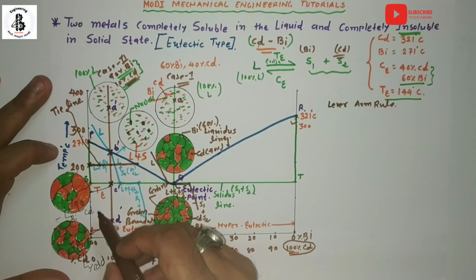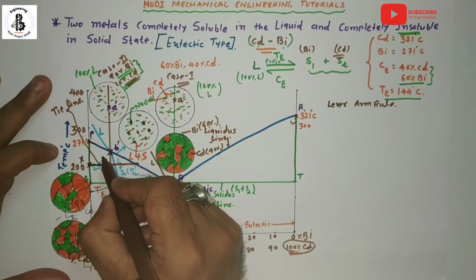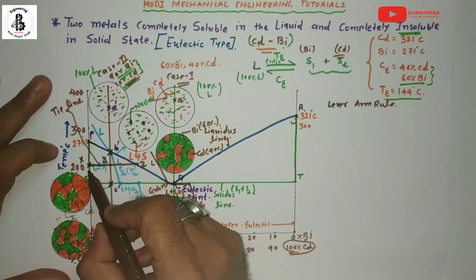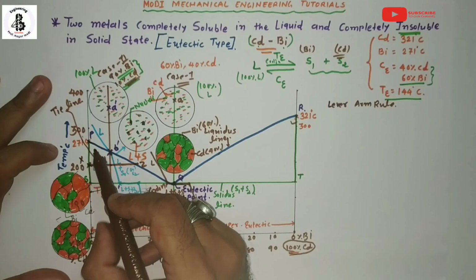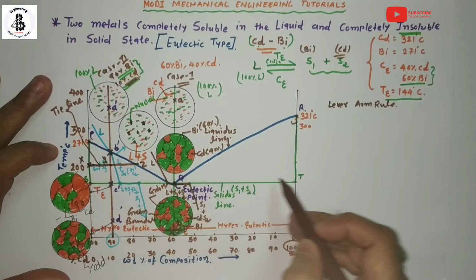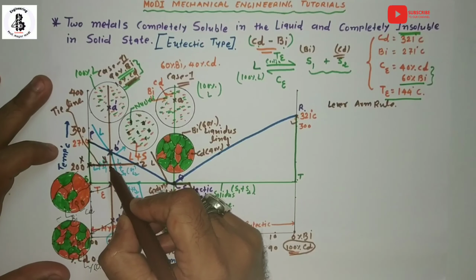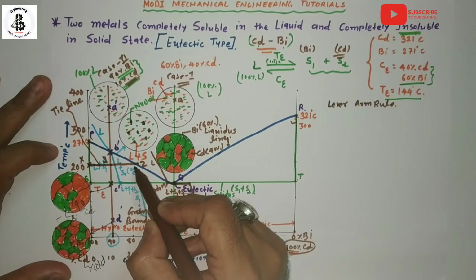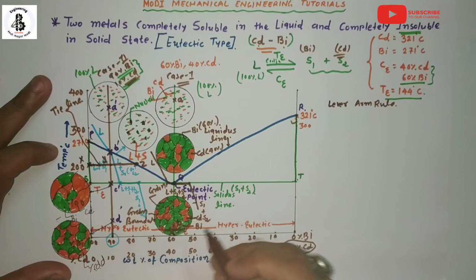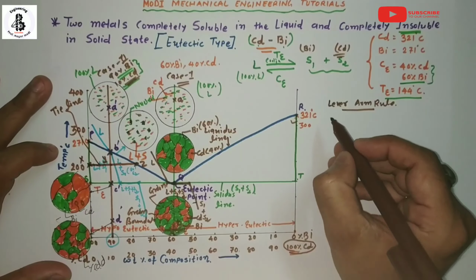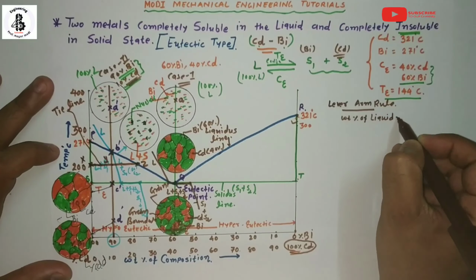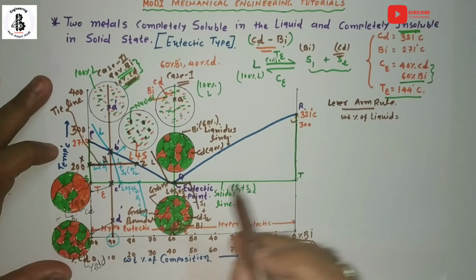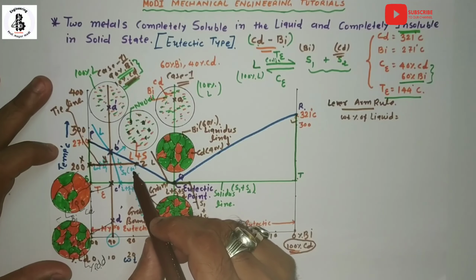I would like to mark points here as x, y and z. Point x intersects the solidus line, which is P, S, Q, T, R. Point y intersects the composition line, and the third point z intersects the liquidus line. Suppose I want to find the weight percentage of liquid. Take the side which has the intersection of the solidus line.